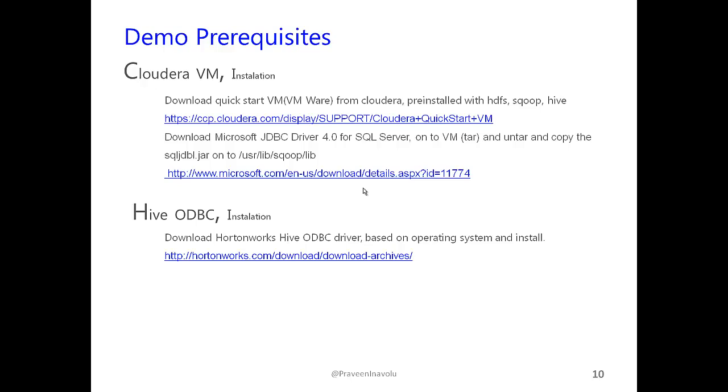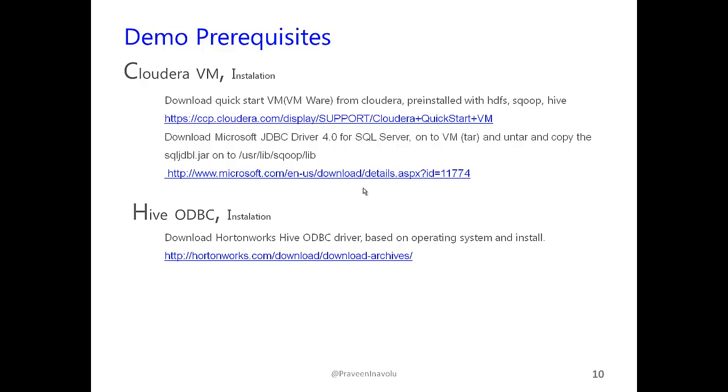In this case, I installed the QuickStart VM from Cloudera, which, as I said, is pre-installed with all the Sqoop related software, Hive, Sqoop, etc. And the other thing you have to install, since I'm connecting to SQL Server in the import option, is the Microsoft JDBC driver for connecting to SQL Server.